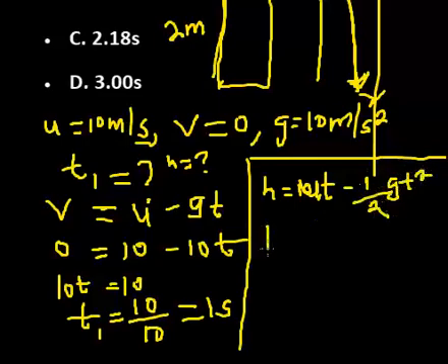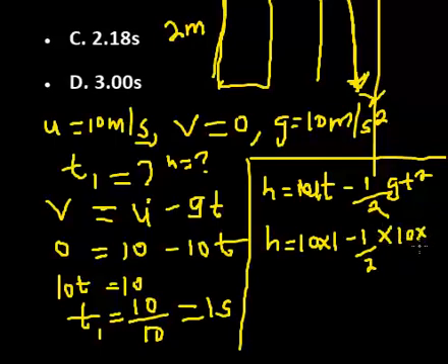So h is going to be equal to 10 times t times 1 minus half times g, which of course is 10, times t square. That's 1 square.